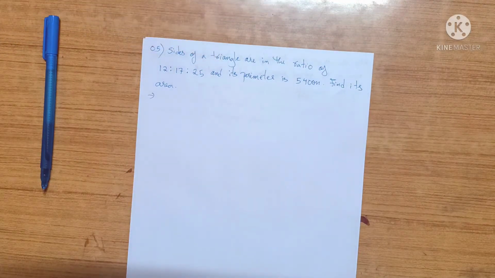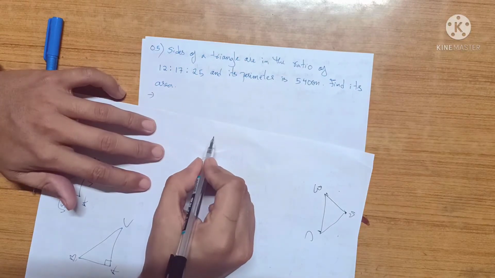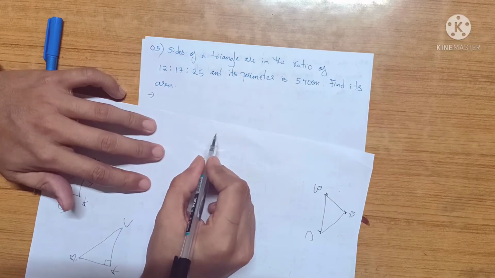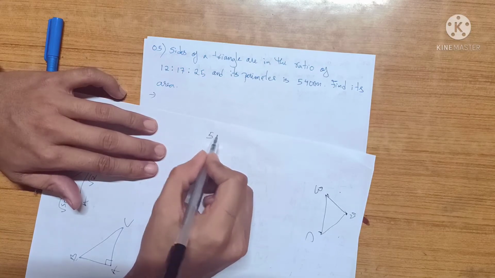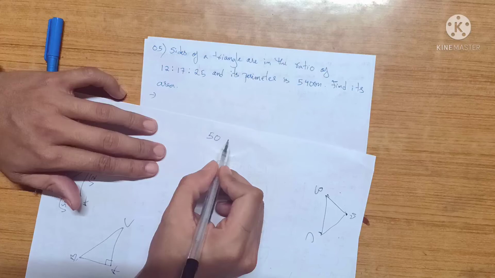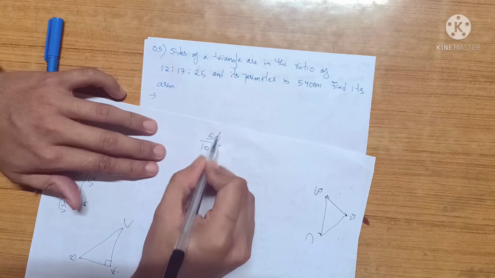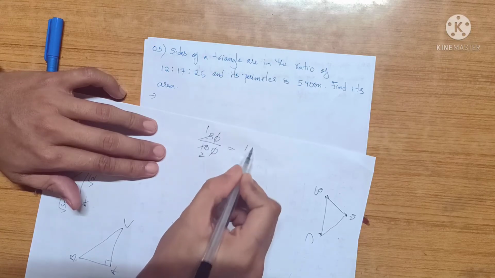Ratios literally means, suppose you have 50 rupees and your friend has 100 rupees, then the ratio of the money between the two of you is 1:2.